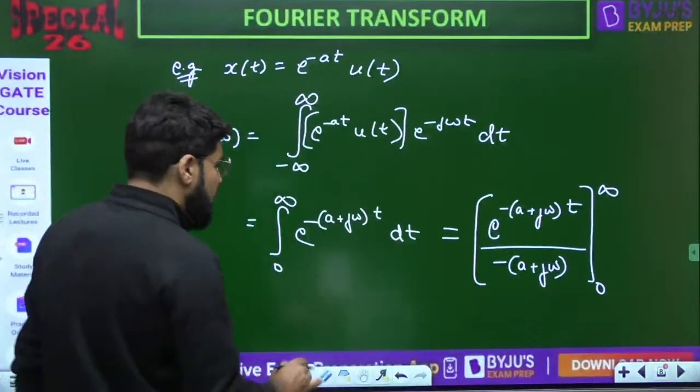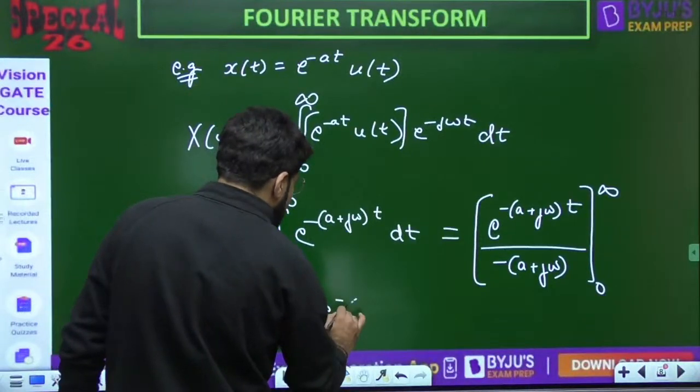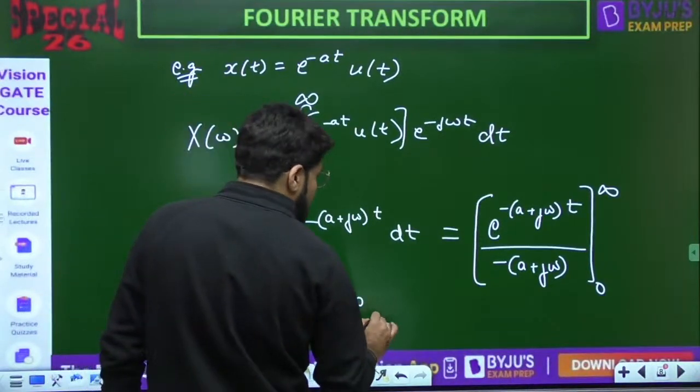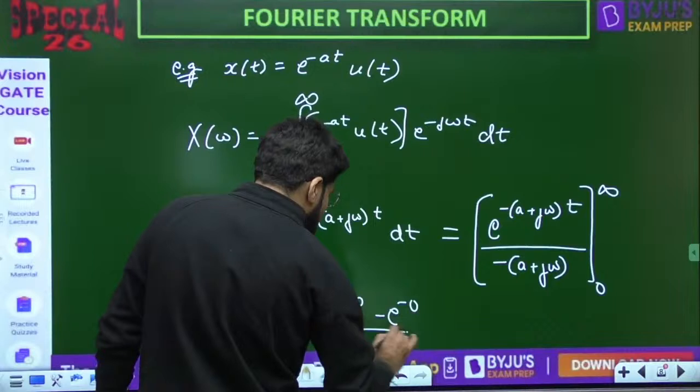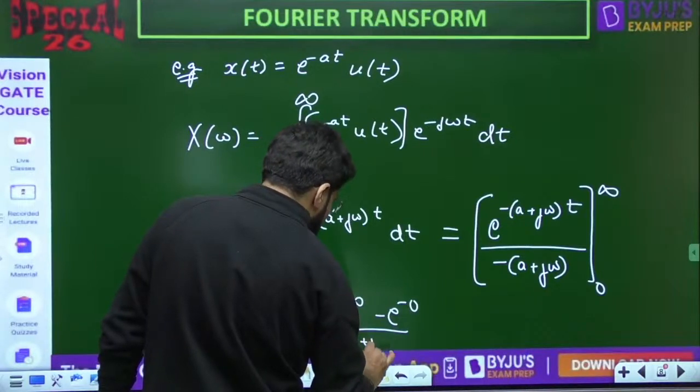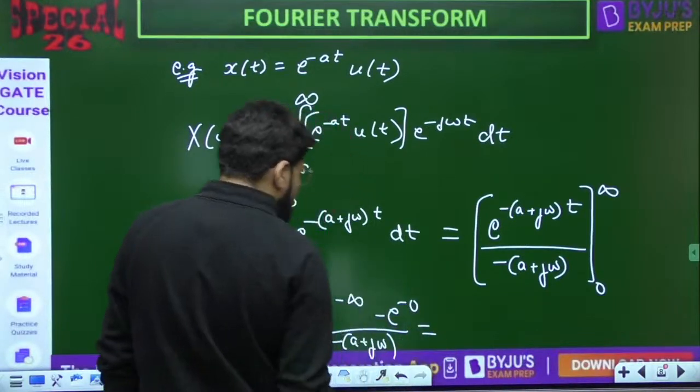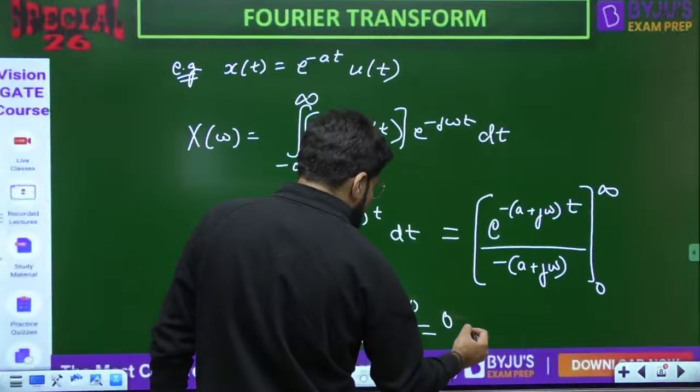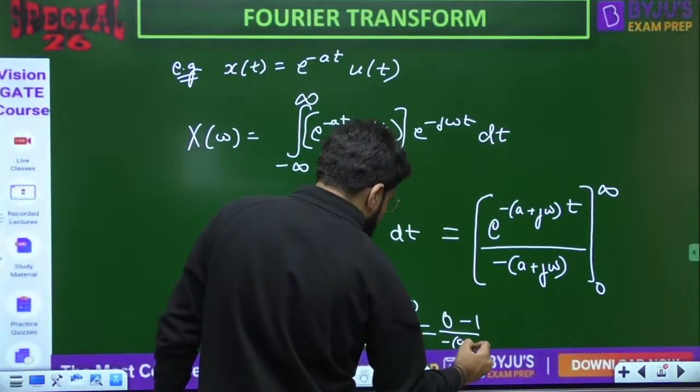Now if I put in the values, I get the upper limit e power minus infinity, minus the lower limit e power minus 0, divided by minus of (a plus j omega).